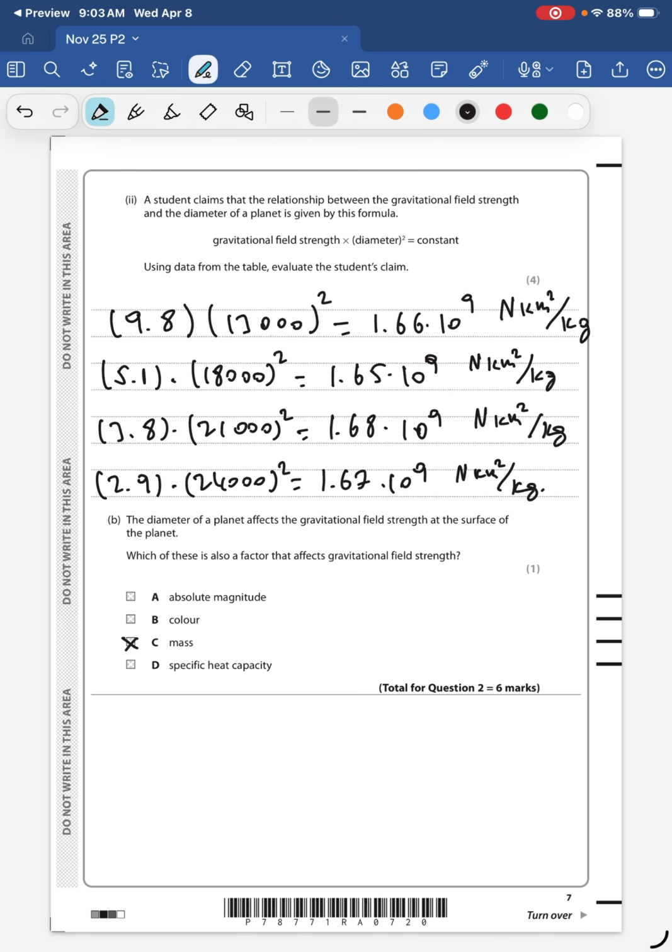Color refers to stars, but G can be calculated for any celestial object, including planets, stars, black holes, whatever. And specific heat capacity is also totally irrelevant. So options A, B, and D are totally wrong. So even without knowing what I just mentioned, you can find the correct answer. So this was question 2.